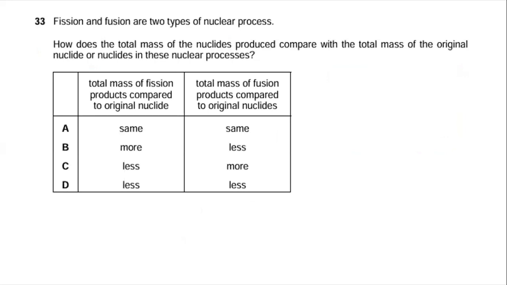Question number 33. Fission and fusion are two types of nuclear process. How does the total mass of nuclides produced compare with the total mass of the original nuclide or nuclides in these nuclear processes?